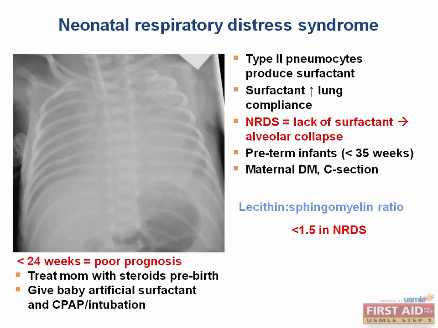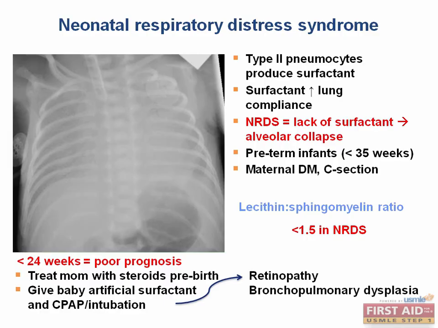Interventions to improve survival include administration of maternal steroids before birth to accelerate lung maturation. You can also give intraalveolar administration of artificial surfactant after birth. Finally, you can also give a CPAP or intubation with oxygen. However, too much oxygen in the perinatal period can lead to complications such as retinopathy and bronchopulmonary dysplasia.